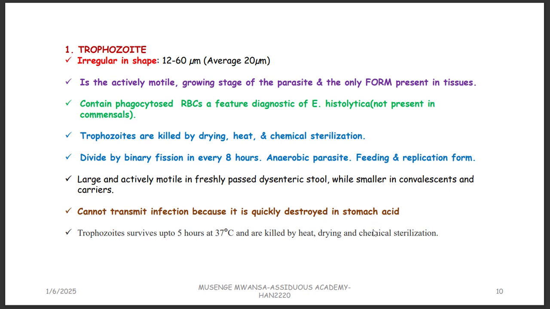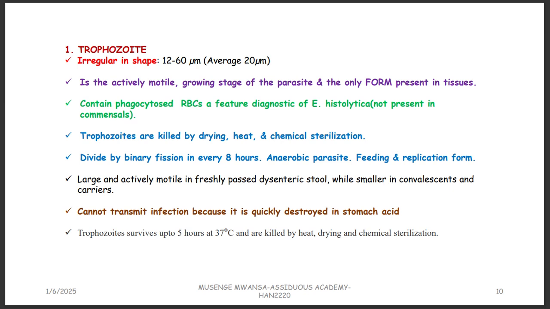So let's say, for example, one person that has got dysentery went to the toilet and touched the vegetables, and then you came and got those vegetables or maybe a fruit. You forgot to wash it, you ate it.